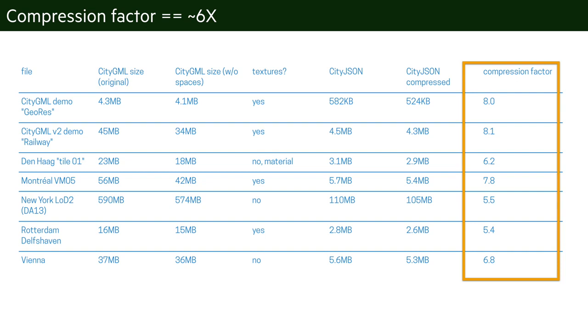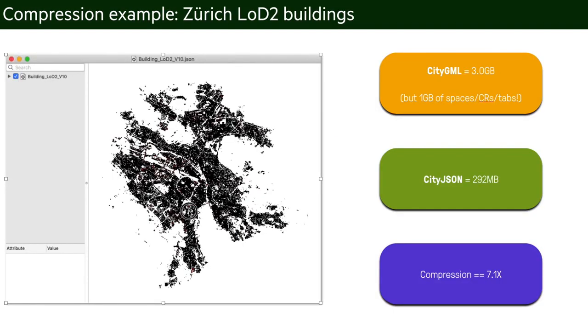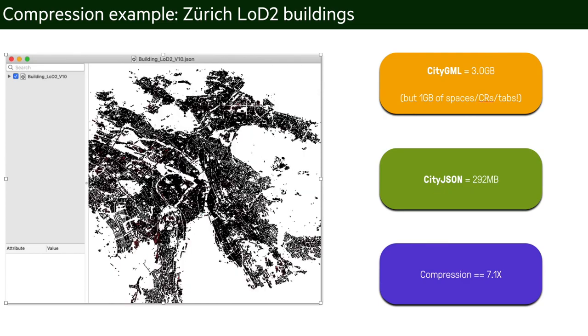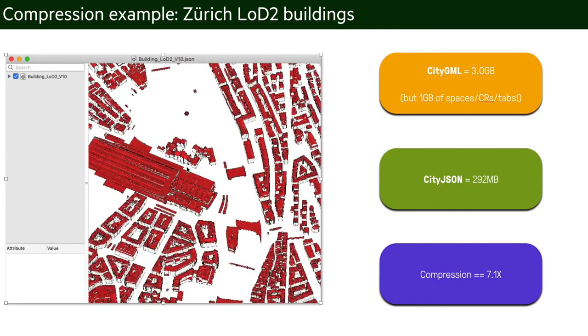So there's a list of 7 here, and you can see what we did is that we took the CityGML file, we converted that automatically to CityJSON, and then we obtained a compression factor that goes between 5 point something to around 8. And a good example of the compression factor is with the city of Zurich.